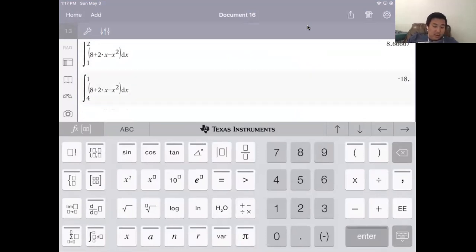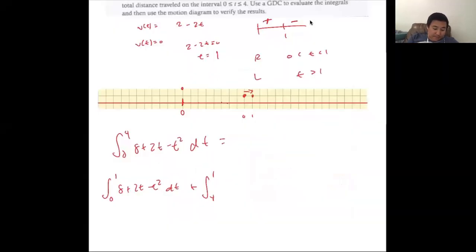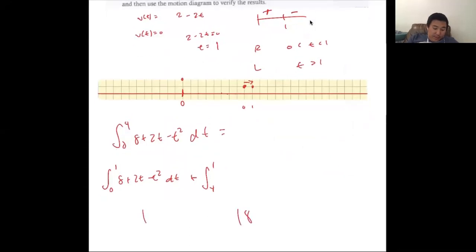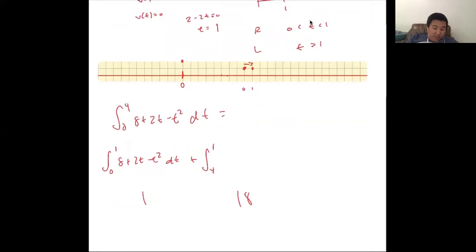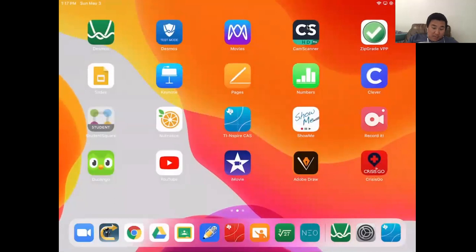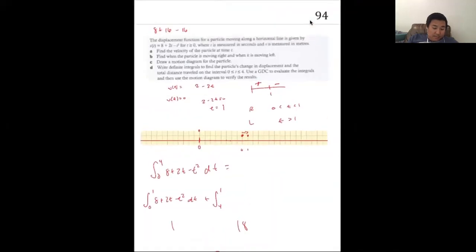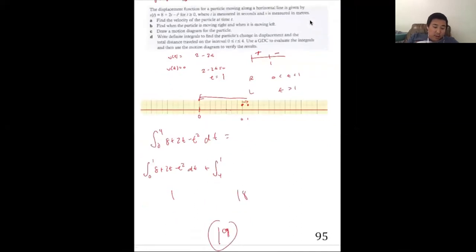18 plus, which is 19. So the displacement is from 0.